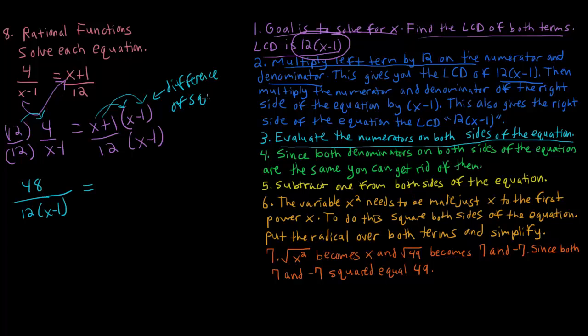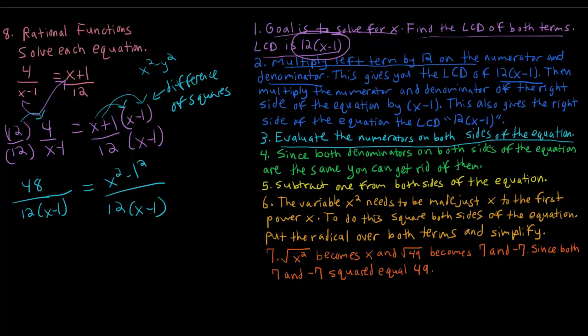And when that happens, you end up with just x squared minus y squared. So this is going to be x squared minus 1 squared over 12 times x minus 1.